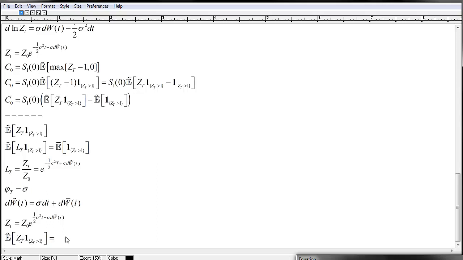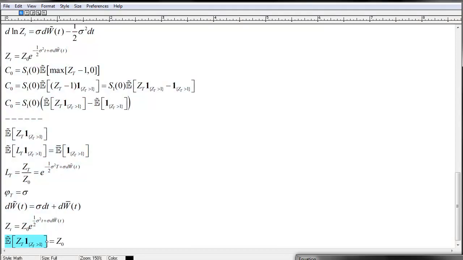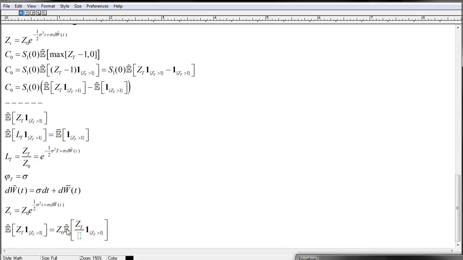In order to do that, I must factor out this one, then I can put into the bracket this one divided by z0, because these two are equivalent, and I also know that this one is the Radon-Nikodym derivative.